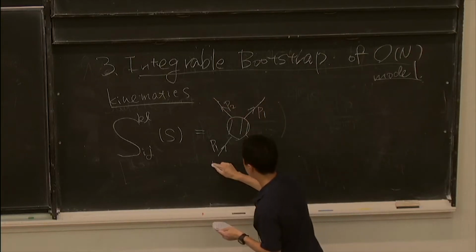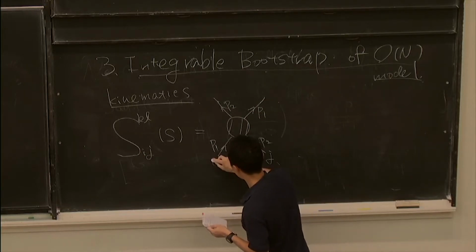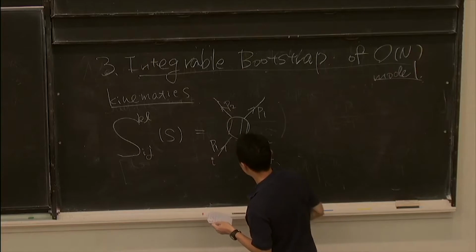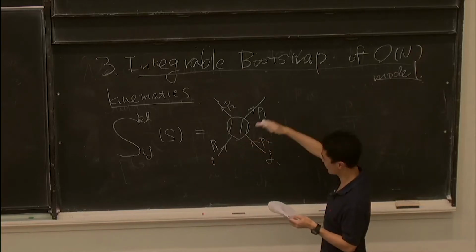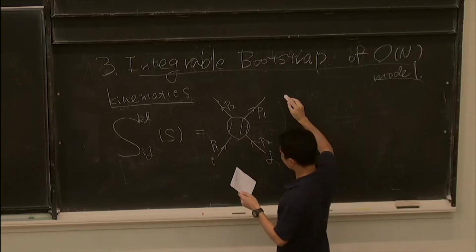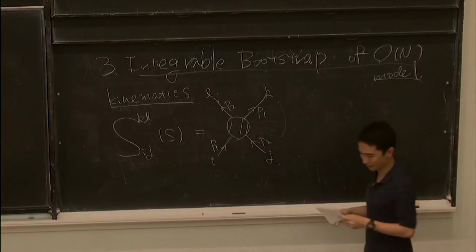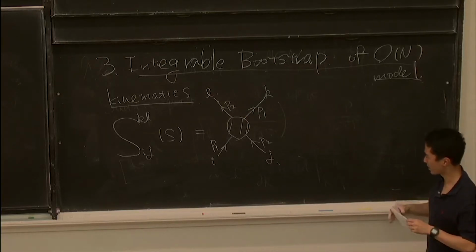In 1 plus 1D, because of the two-dimensionality, the incoming momentum and outgoing momentum must be the same. Of course, it's even simpler to derive this if you use the infinitely many conserved charges.